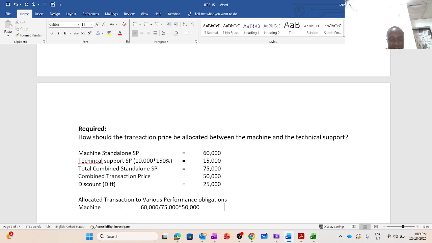60 divided by 75 is 0.8, multiplied by 50, will equal 40,000.